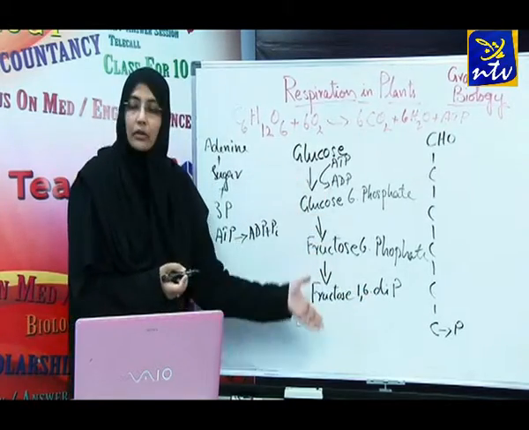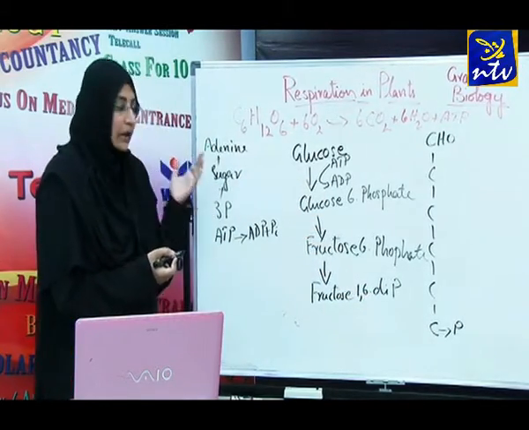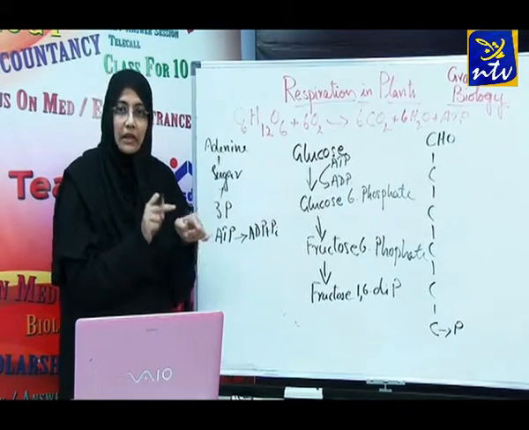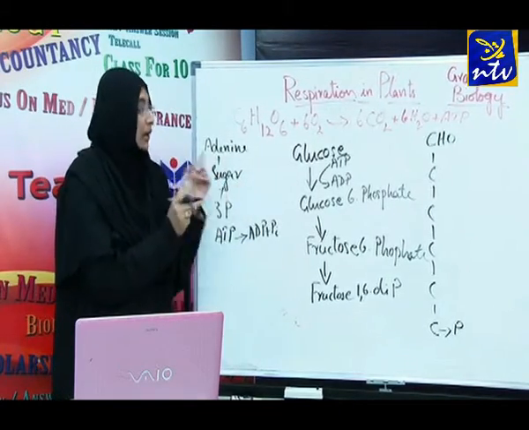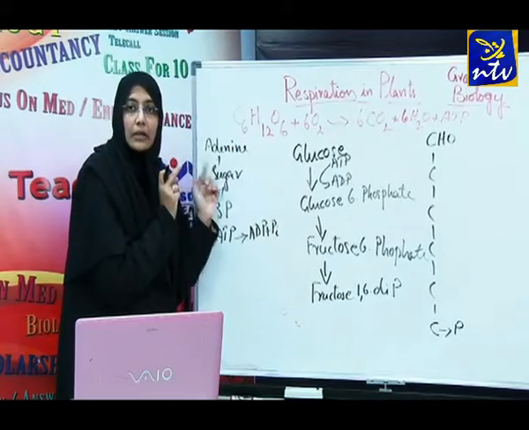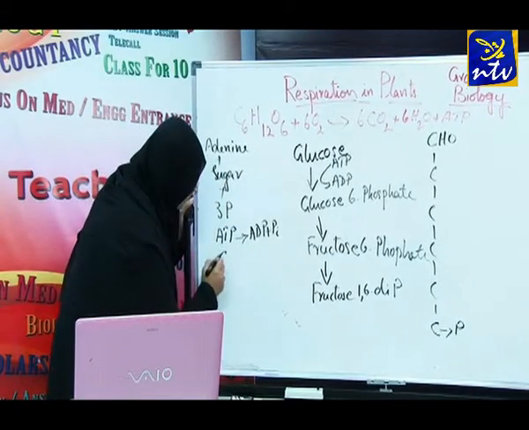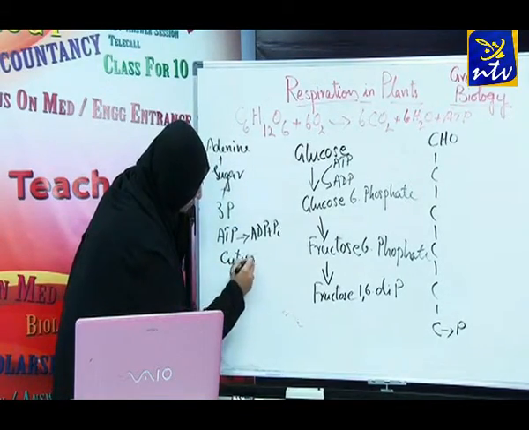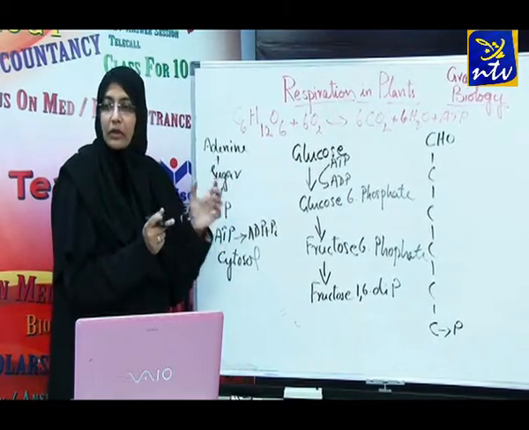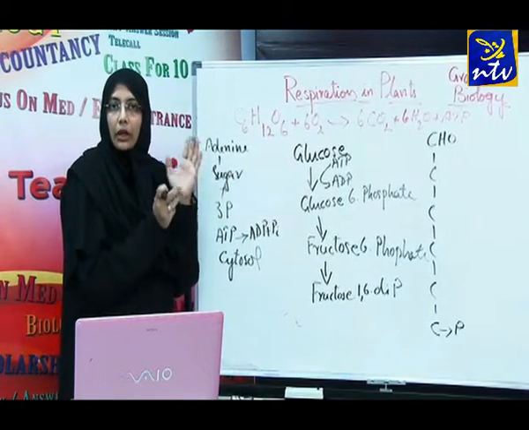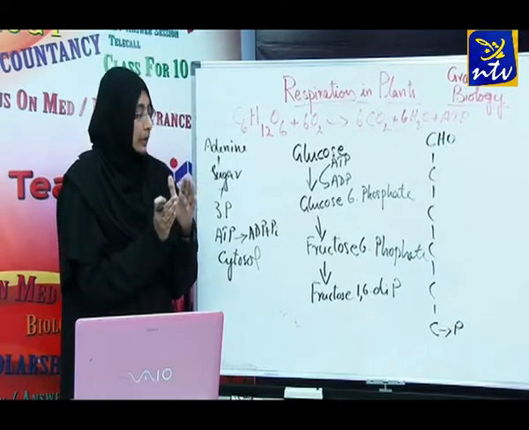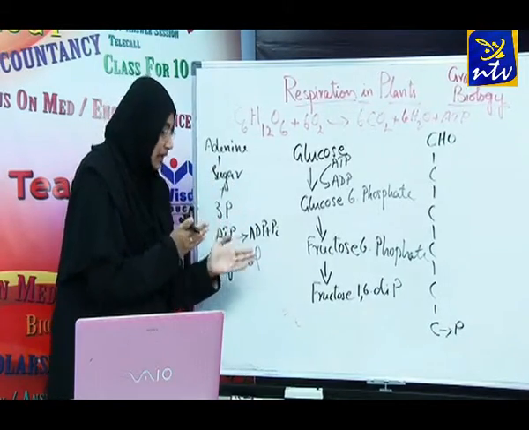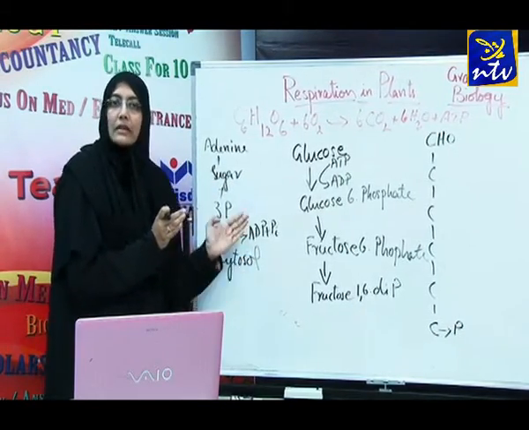So, where does this glycolysis process take place? The glycolysis process takes place inside the cell, inside the cytoplasm, or we can say exactly the cytosol. Glycolysis, which is the common step for both aerobic as well as anaerobic respiration, takes place in the cytosol of the cell.